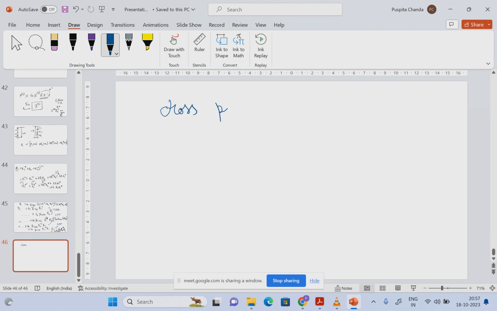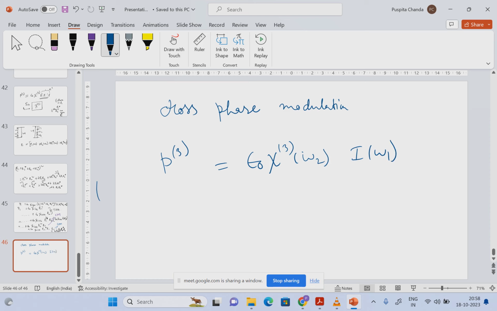So cross phase modulation, see why it is called cross phase modulation. Because the polarization is modulated by this intensity, which is the intensity of the other electric field.